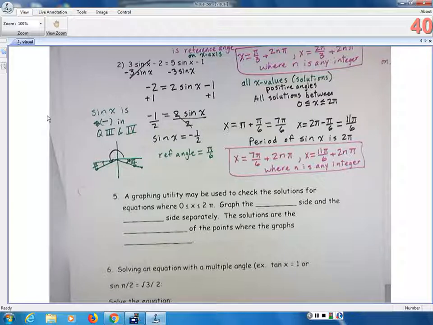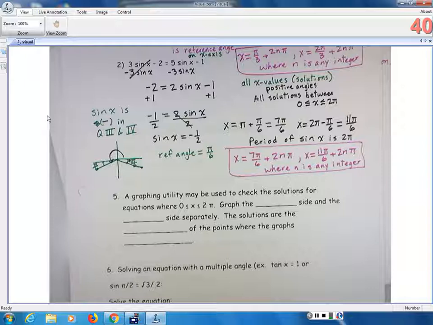Okay, so this is bringing back reference angles and periods of functions. If you have to look up the period every time you do one of these, you're supposed to have the background from the first test and second test material.